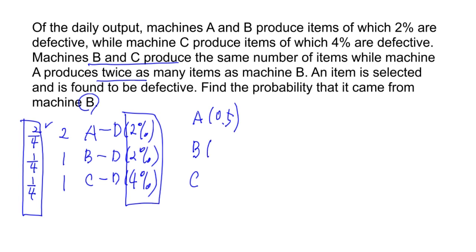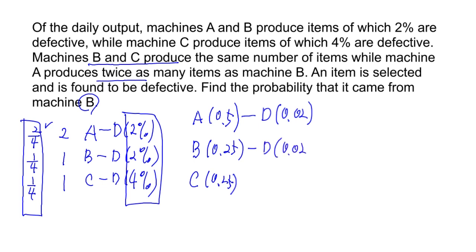And machine B 0.25, machine C 0.25. Okay? Now from machine A, defective is 2%. From machine B, defective is 2%. And machine C, defective is 4%.